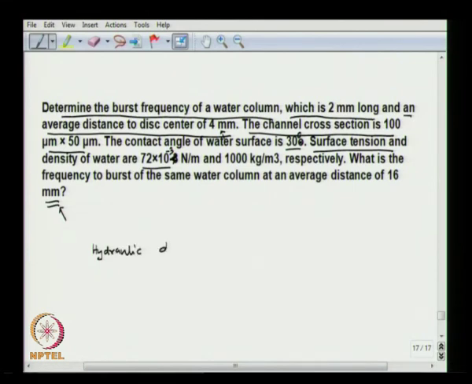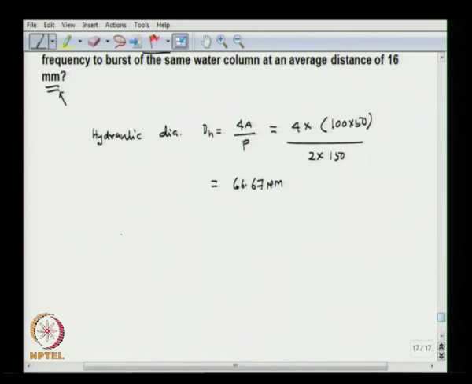The hydraulic diameter is dH equals 4 into area of cross section over perimeter. So, 4 into 100 into 50, divided by 2 into 150. So, this is about 66.67 micron, and so we can find the burst frequency.